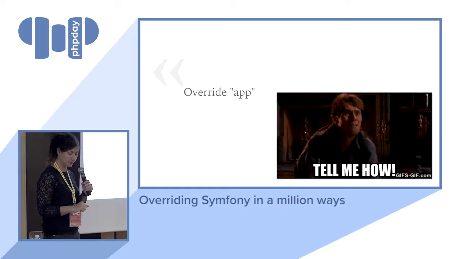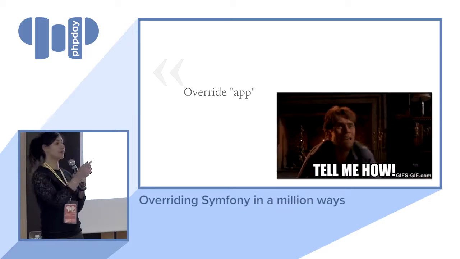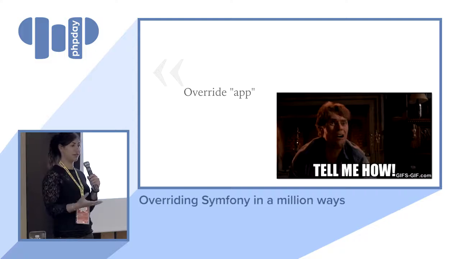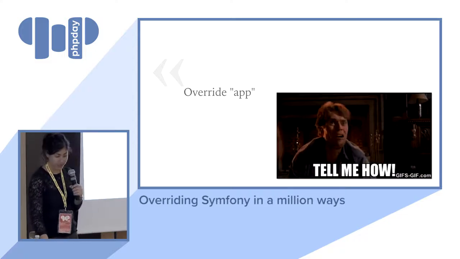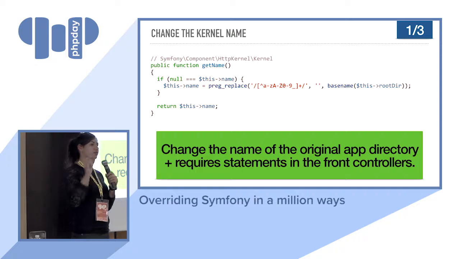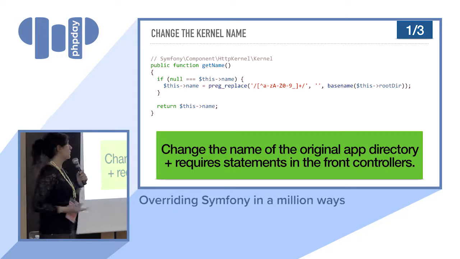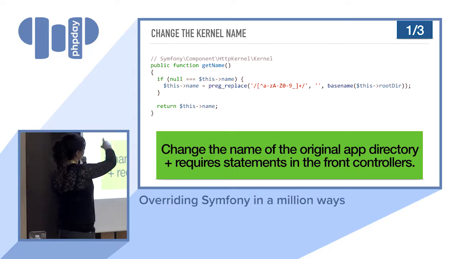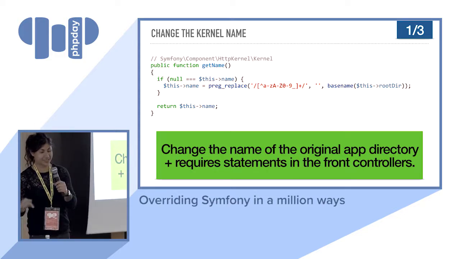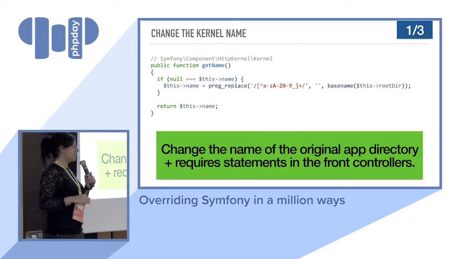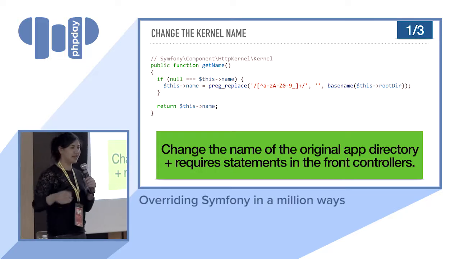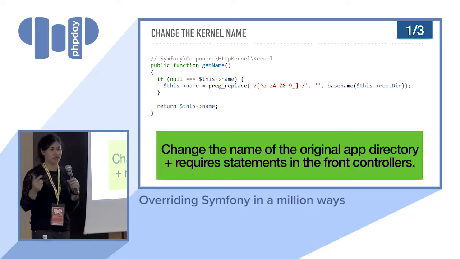First one, overriding app. You know, app is basically the directory you have in your Symfony application, right? If you want to change the name of it, it's quite simple. The first thing you have to do is basically to change the name of the directory. Because as you can see here, in the getName method, which is in the kernel class, in the HTTP kernel component, there is an instruction saying, just get the name of the directory and that's it.